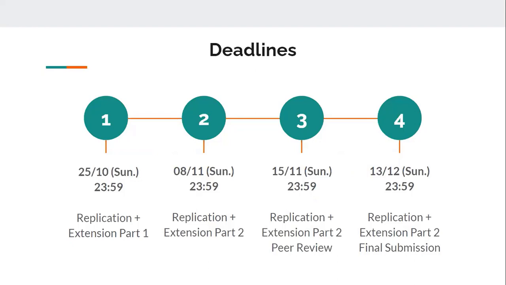This is followed by part 2 of the replication extension, which includes method and results based on similar data, on November 8th. This is followed by the replication extension peer review. The deadline is the 15th of November. And please submit the final version on December 13th.